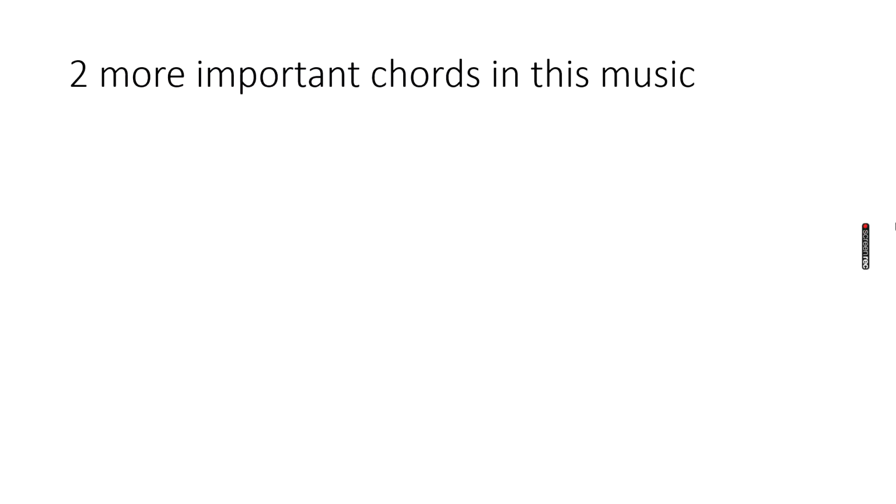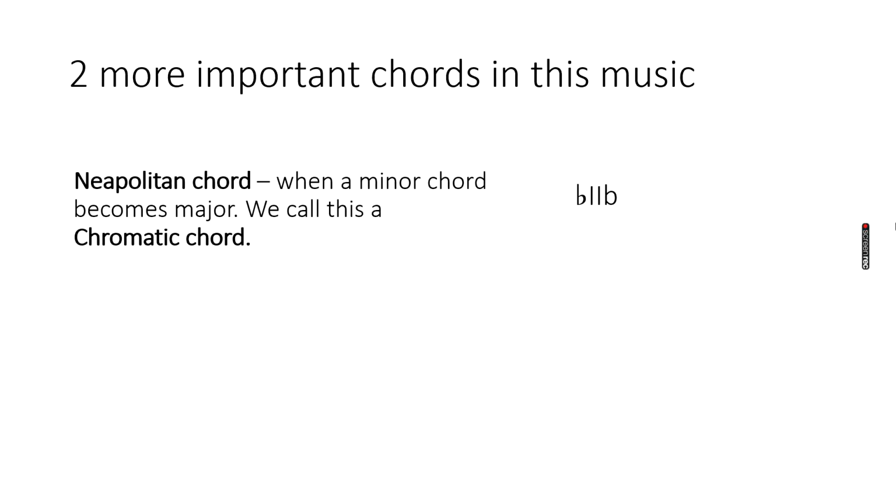There are 2 more important chords in this music, and the first one is a Neapolitan chord, and a Neapolitan chord looks like this. So it's a little flat sign, chord 2 in first inversion.